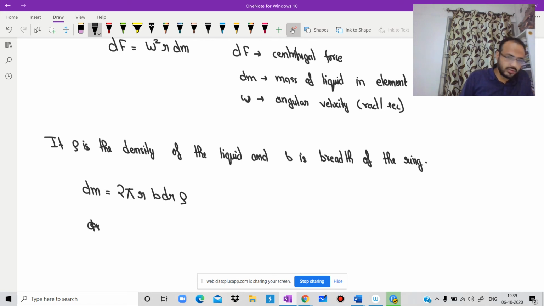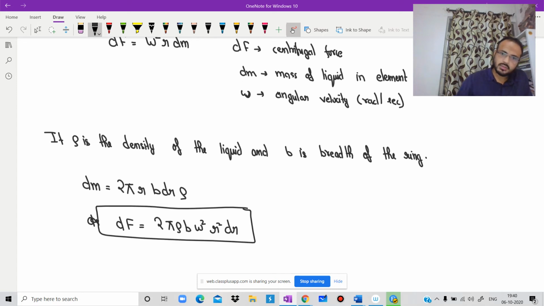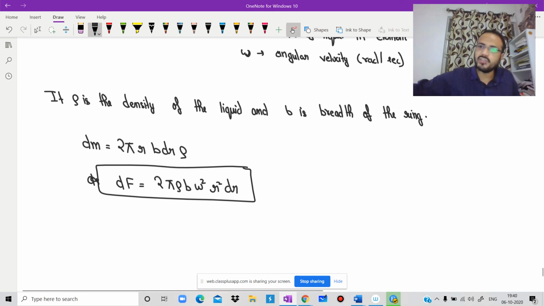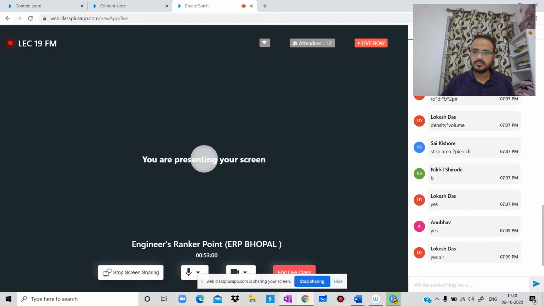You put this value in dF, so dF equals 2 pi rho b omega square r square into dr. Now we will divide by the area of the ring, which I have already told you is 2 pi r into b, because b is the breadth of the ring and the length when opened is 2 pi r. Area is length into breadth. Very good.